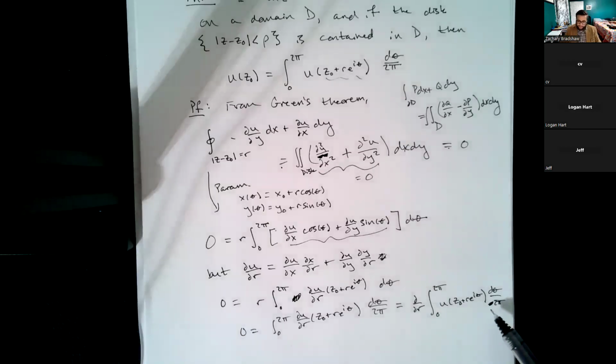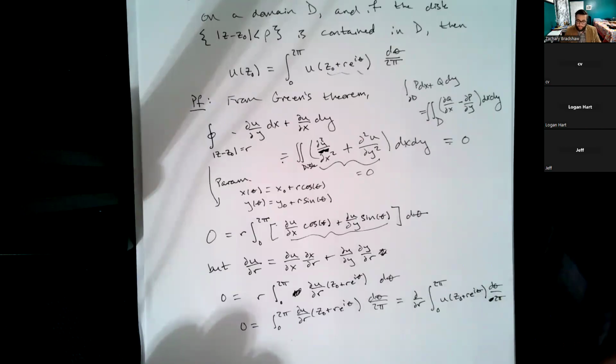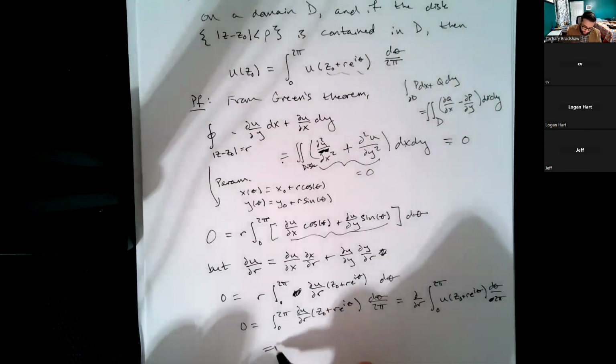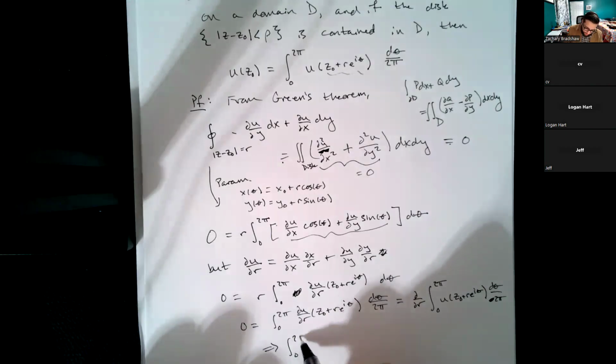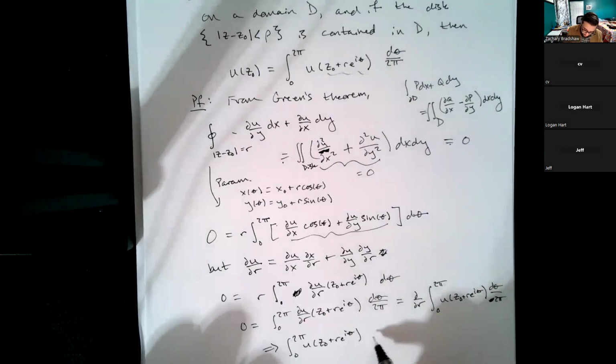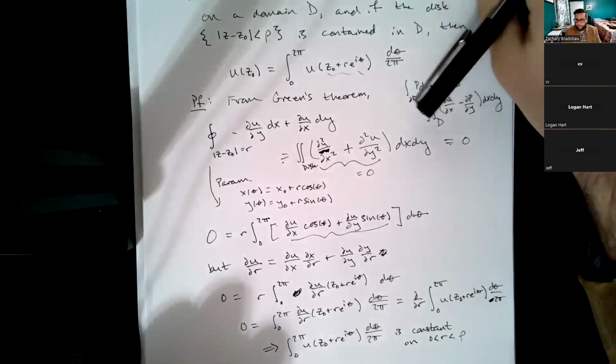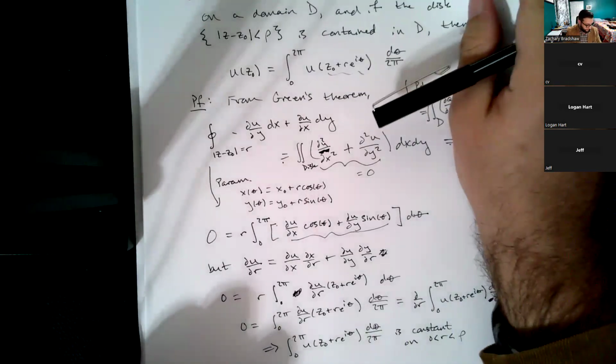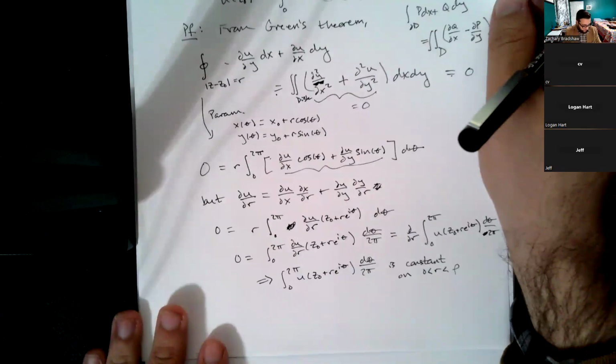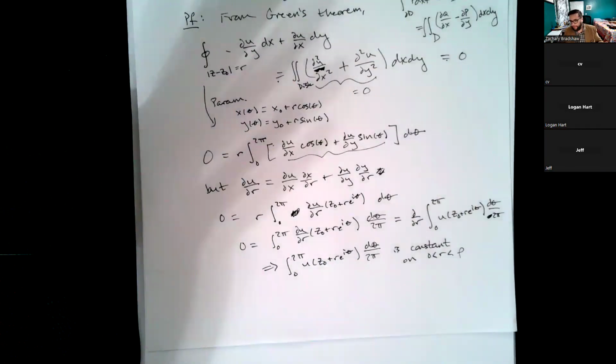And so this tells us that the value of this integral, which is the thing we're concerned with over here, is in fact constant on 0 less than r less than rho. So on our disk, essentially.